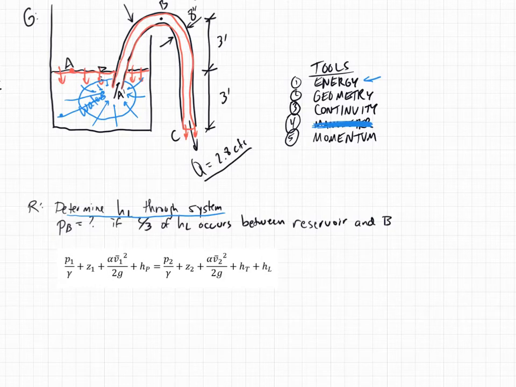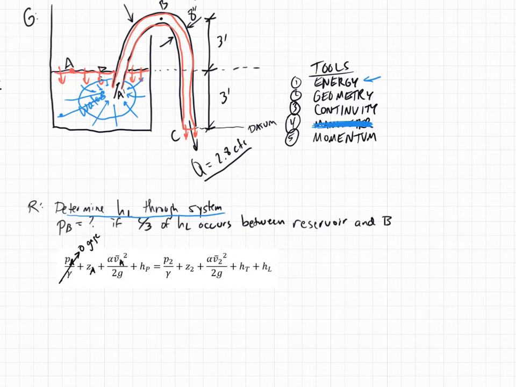But if I choose A, so if I make all of these 1s into A's, then what that does for me is it means that, well, the pressure at A becomes 0. Why? Because this is gauge pressure, right? So that's atmospheric. The Z at A, well, let's see. Maybe if we're going from A to C, we'll make this our datum.